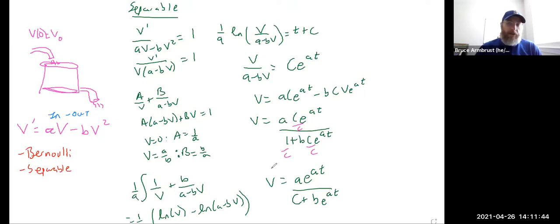So this is a fun little trick, and it's really useful, but you do need to realize that what we just said was that C does not equal 0. Because if C is equal to 0, I can't do that. But if C is equal to 0, that just tells me that V is equal to 0. So as long as I'm not in that situation where my volume is always at 0, this is going to work.